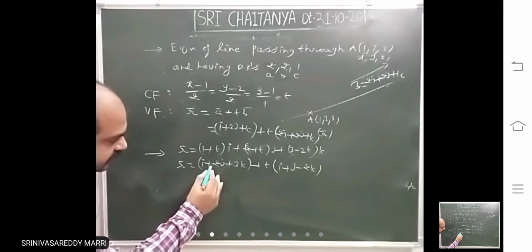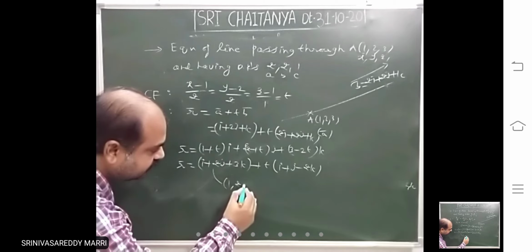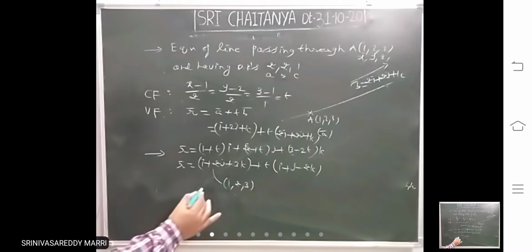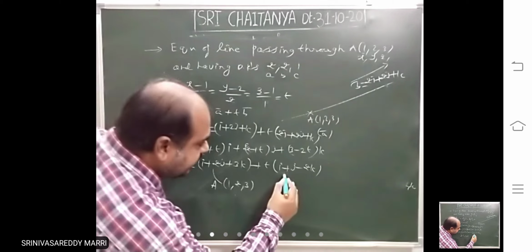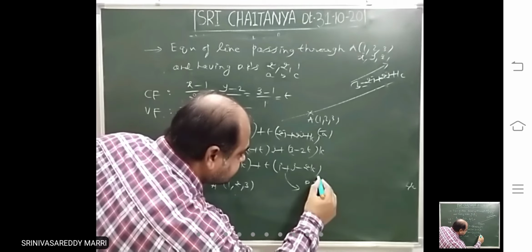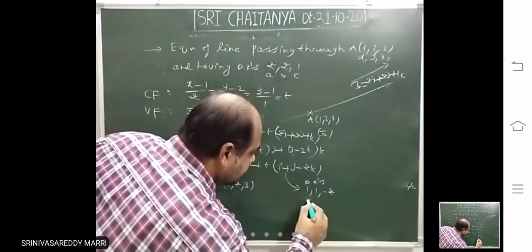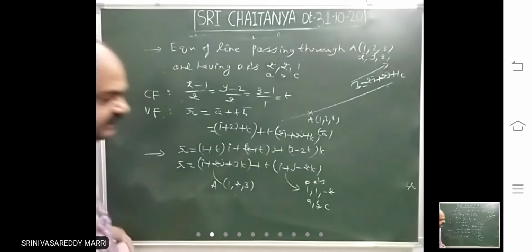So this is nothing but the point (1, 2, 3), the point it passes through. And the direction ratios (DRs) vector is 1, 1, minus 2. So these are a, b, c.